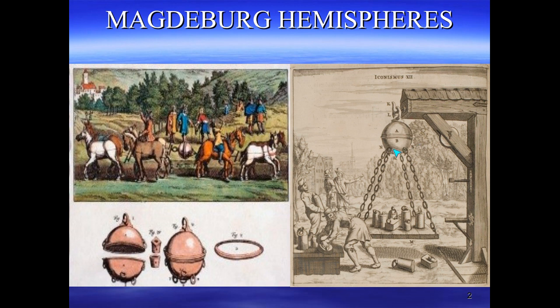So the resistance of this metal equilibrates, it gets equal to the pressure of air above the hemispheres. When you put two hemispheres together, you obtain a sphere. So there are many visualizations of equilibrium in this experiment.